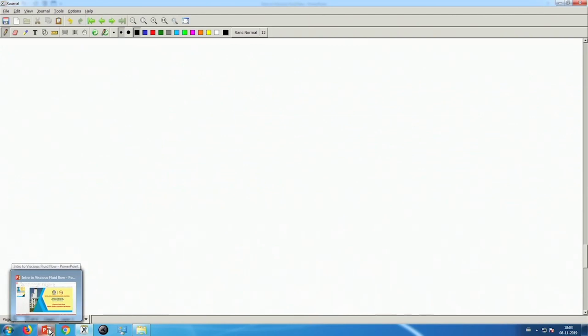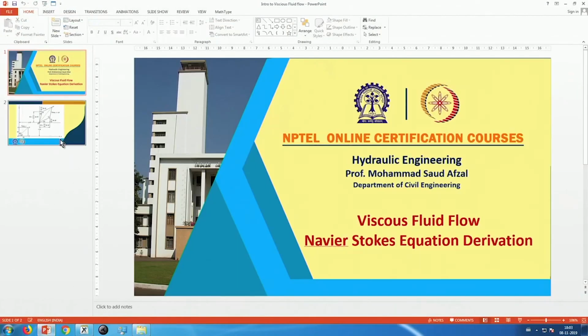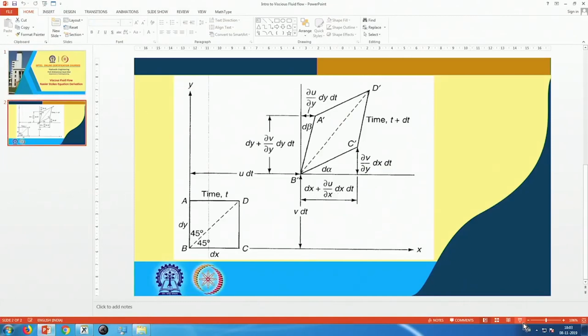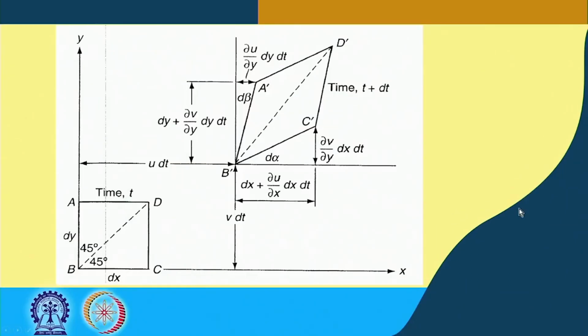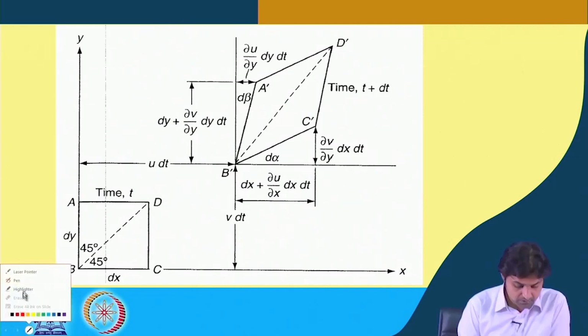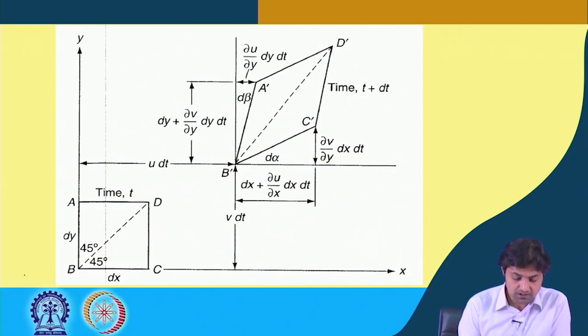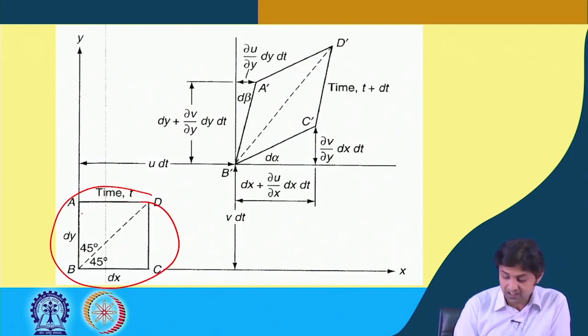the strain rates. So, one thing I would like to take your attention to is this figure. Okay. So, we consider a fluid element ABCD, and that moves in an XY plane.